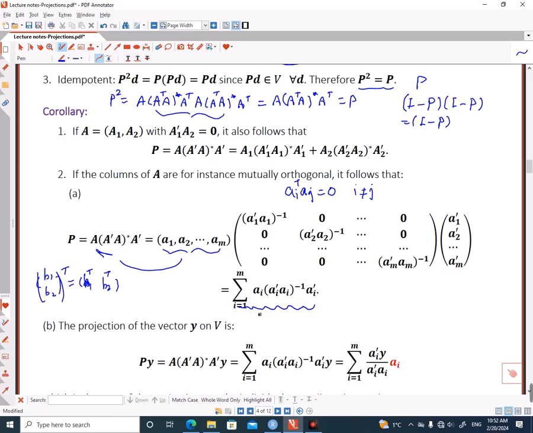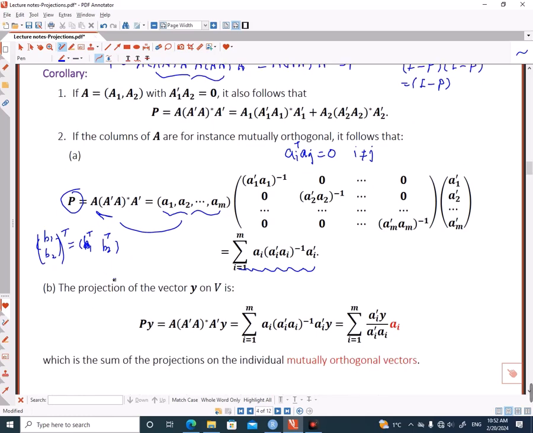In what follows, we try to construct projection matrices on matrices that have mutually orthogonal columns. If they have mutually orthogonal columns, then I will have a better representation for the projection matrix. So you see, we are playing with projection matrices in order to get nice formulas.